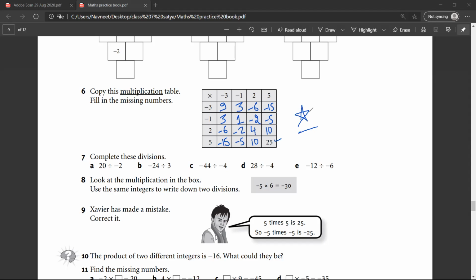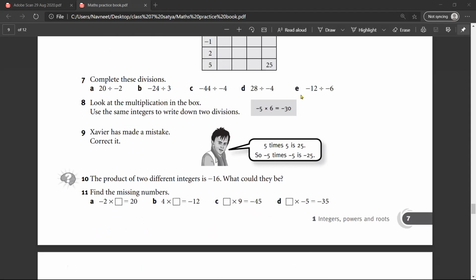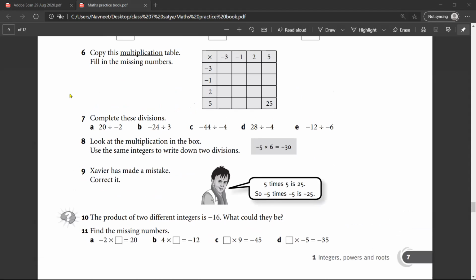Have you understood? Yes, sir. Is there a doubt? No, sir. So now for division, again, there are few simple things that you need to understand. For example, minus 4 upon 5, 4 upon minus 5, minus 4 upon minus 5, and of course 4 by 5.